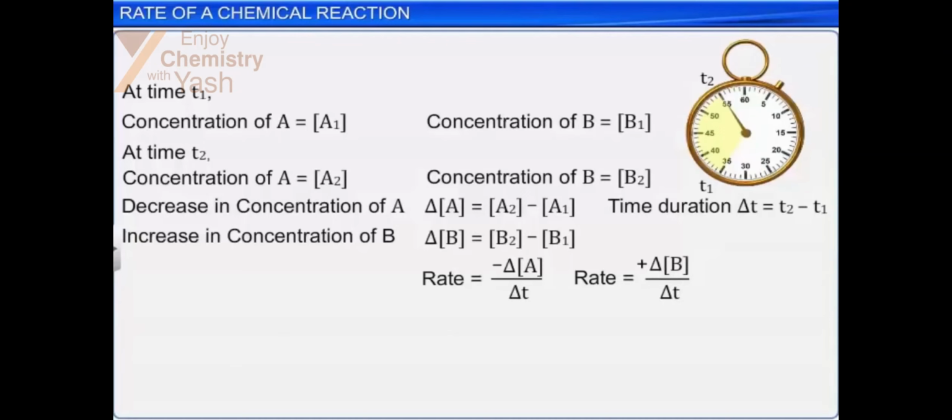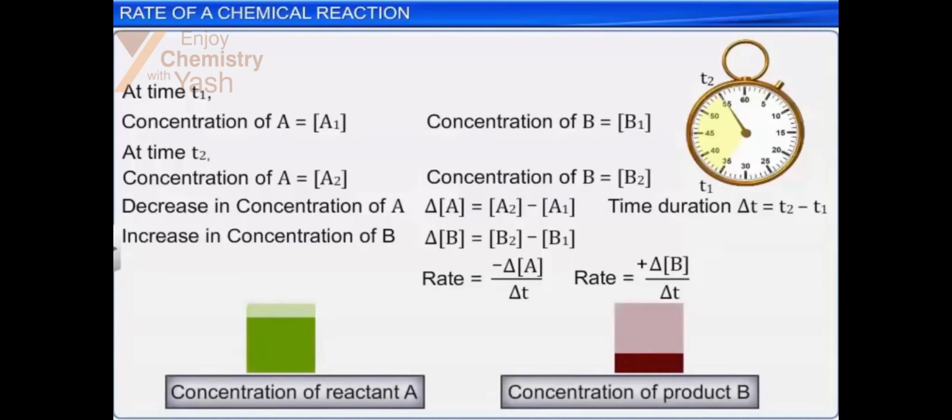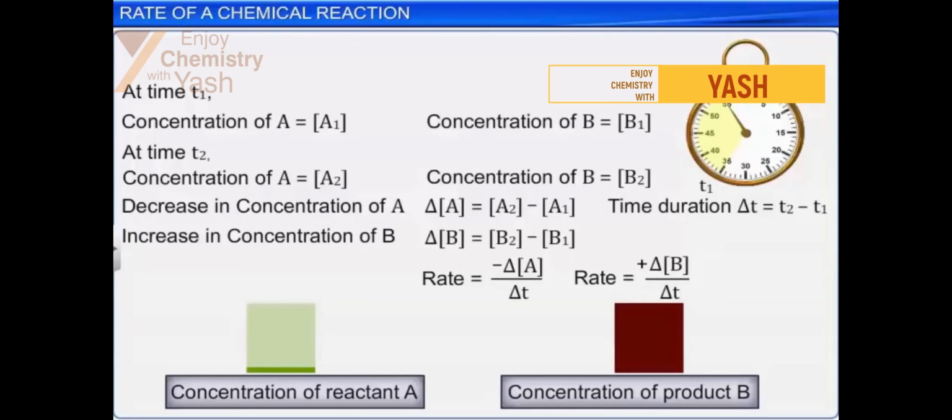However, the rate of reaction is not constant. It changes with time. The rate of disappearance of reactants gradually decreases with time as the reactants are consumed, and the rate of the appearance of products increases with time as the products are formed.